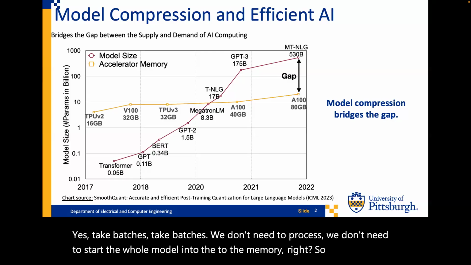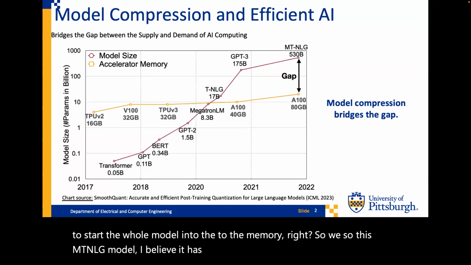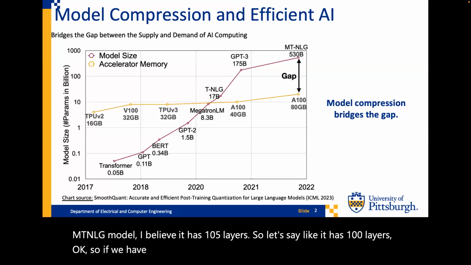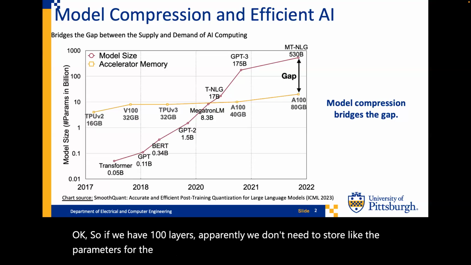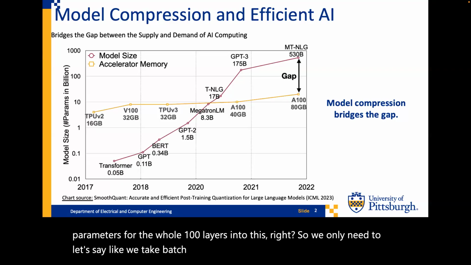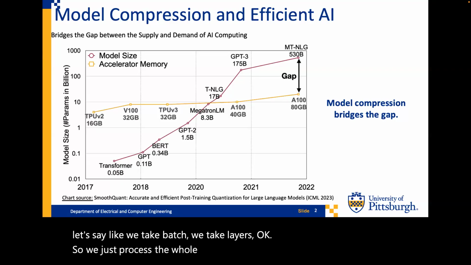This MT-NLG model, I believe, has 105 layers. So let's say it has 100 layers. We don't need to store the parameters for all 100 layers, so we take layers. We process the whole model layer by layer.